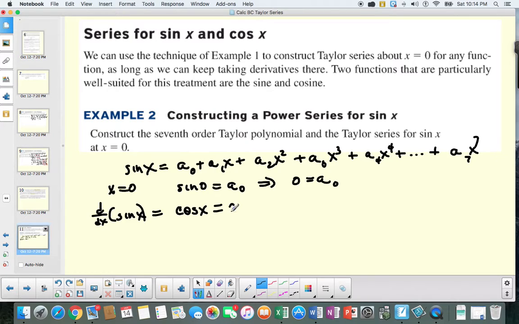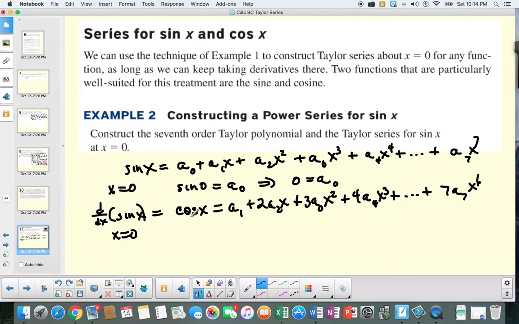So that's going to be a sub 1 plus 2a sub 2 x plus 3a sub 3 x squared plus 4a sub 4 x to the third, and we're going to continue this pattern, up to 7a sub 7 x to the 6th. We're going to let x equal 0, so cosine of 0, which is 1, equals a sub 1. So now I have a representation for a sub 1.